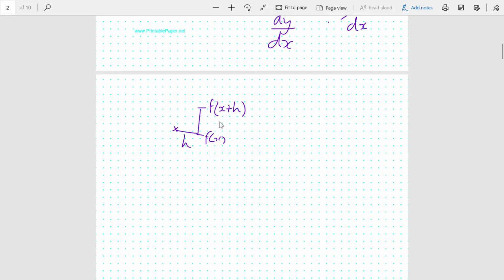And of course, this is because at this coordinate we have some x, and at this coordinate we have some x plus h because the gap in between them is h, which is why you get these two different levels of f(x) and f(x+h). So your delta y would be f(x+h) minus f(x), of course, and your delta x is just going to be this minus this, or the h that we decided it would be.